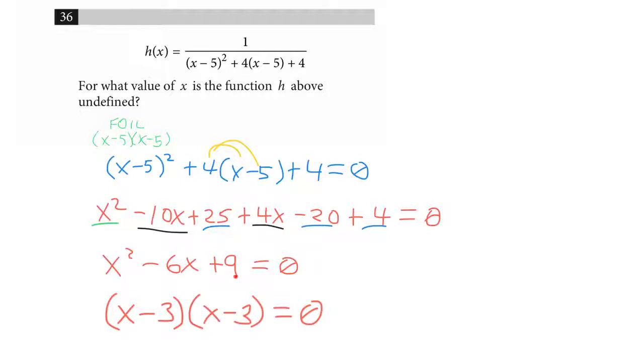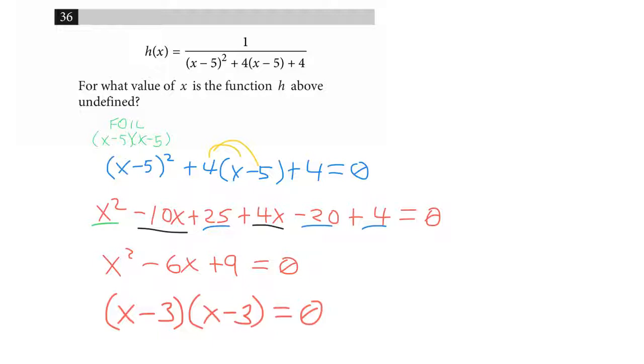Well, I asked myself what factors of positive 9 are such that when I add them together, I get a negative 6. So again, what factors of positive 9 add to negative 6? Negative 3 times negative 3 gives me positive 9, and negative 3 plus negative 3 gives me negative 6. So I have properly factored this.